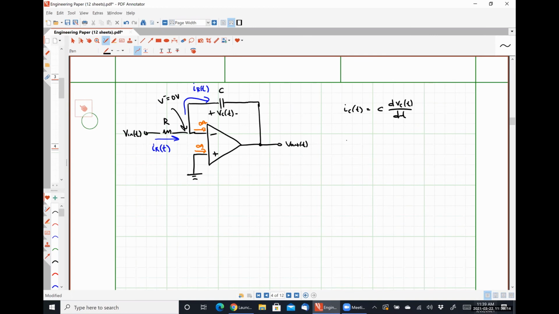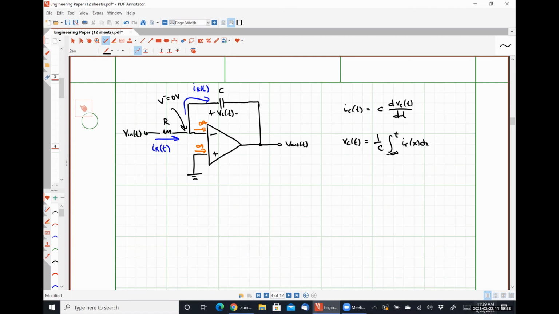Or we need to look at it the other way. VC of t is 1 over C times the integral from negative infinity to t of IC(x) dx. I'm doing this integration from negative infinity so as not to have to include a DC offset or some initial condition on my capacitor voltage, because we know that the voltage can't change abruptly.